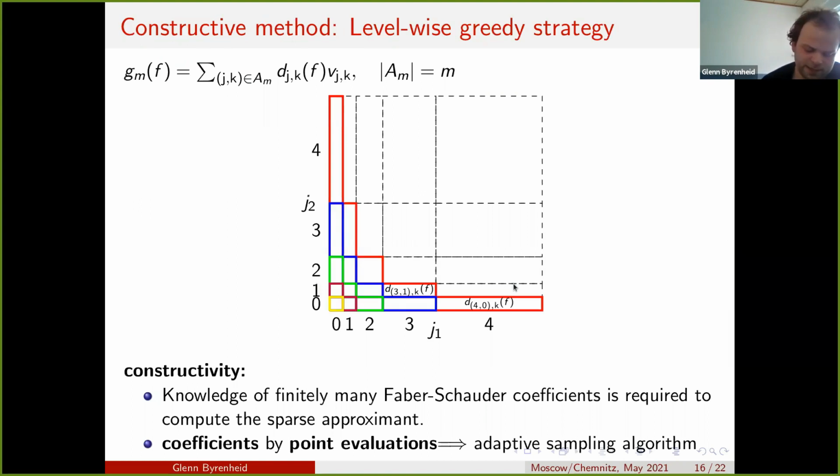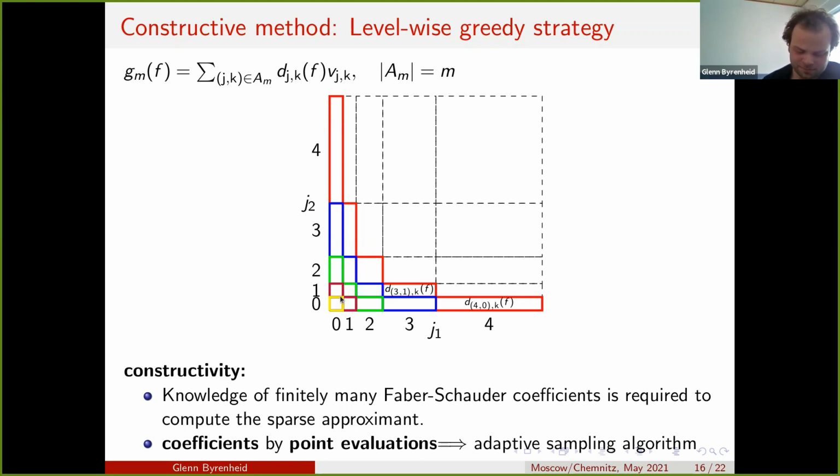The method is the following. Again, we look at the picture of these blocks of d_jk, the blocks containing the Faber-Schauder coefficients. Here we split these blocks into so-called hyperbolic layers. In all layers which have the same L1 norm, we assign to every block a prescribed number of degrees of freedom, so elements in our linear combination.